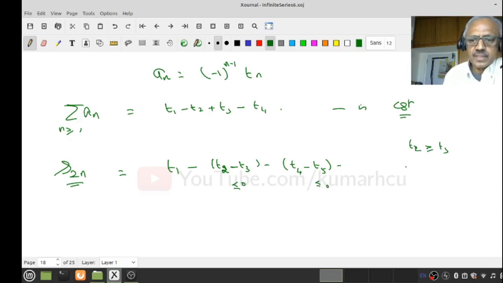You understand that? And what is the last one? That will be T2n - T2n. So that will be less than T1. Therefore, S2n is bounded above.